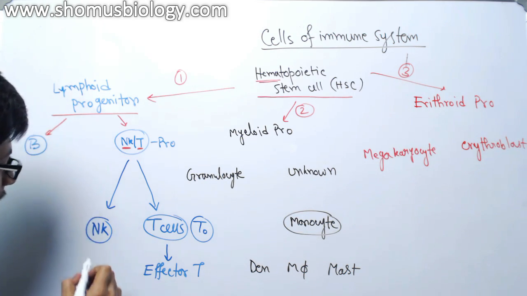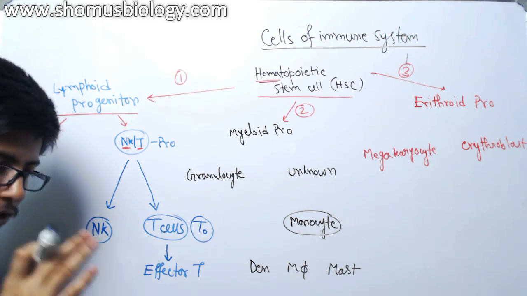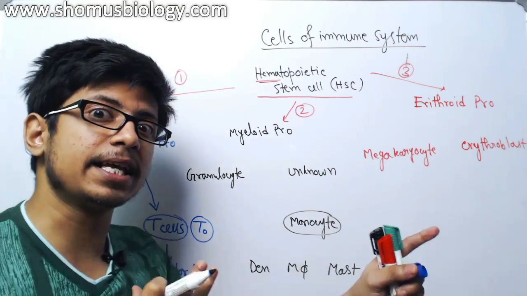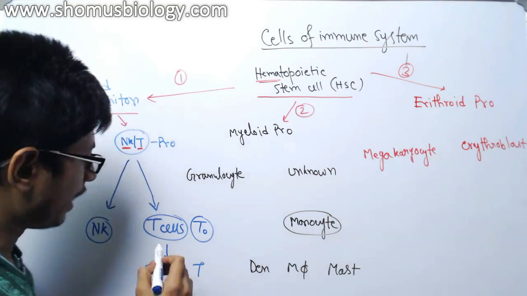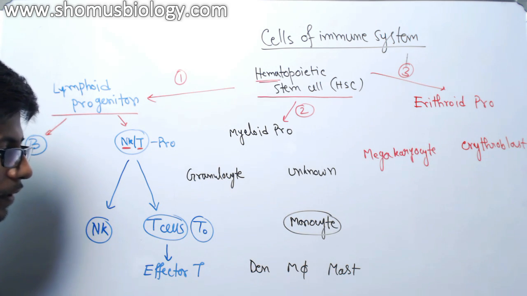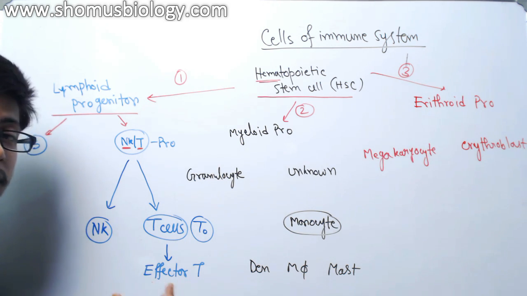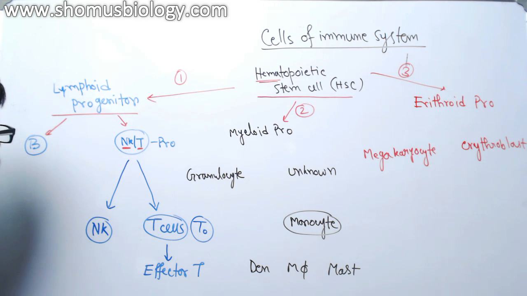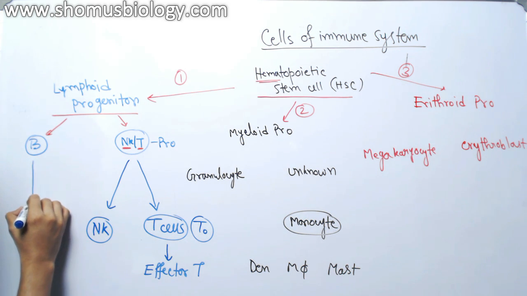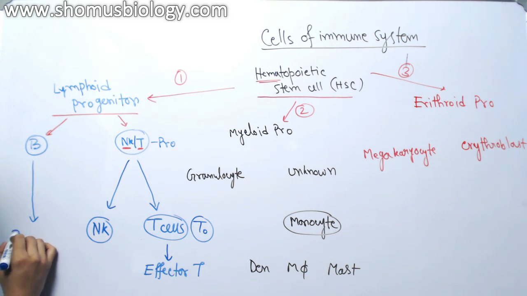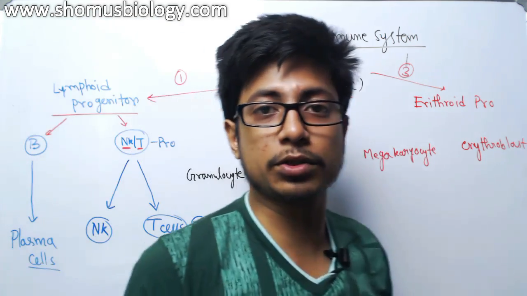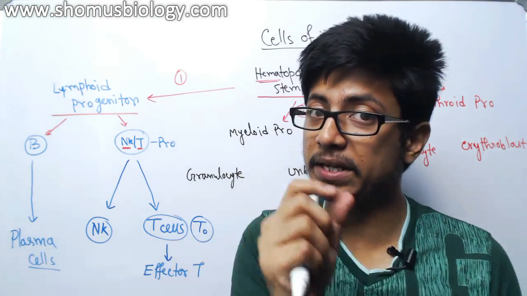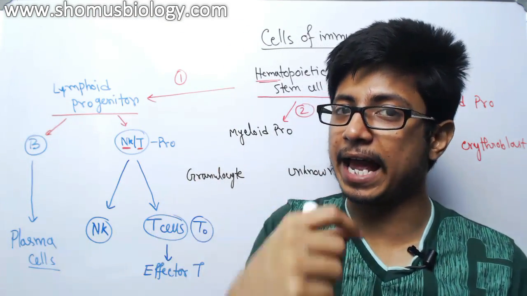Well, this natural killer cell's job is to find the infected cell and kill that cell through an apoptotic mechanism, while effector T cell helps to kill and also helps to develop immunity in other cells. Now from these B cells directly they mature enough to produce plasma cells, and you know plasma cells are filled with the machinery to develop antibody which is specific against a specific antigen.